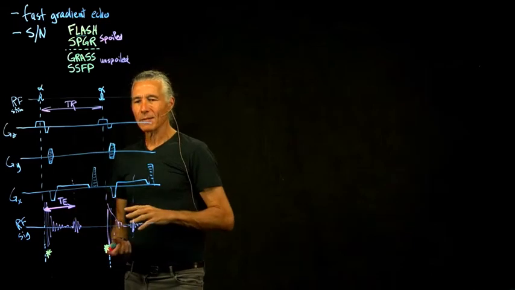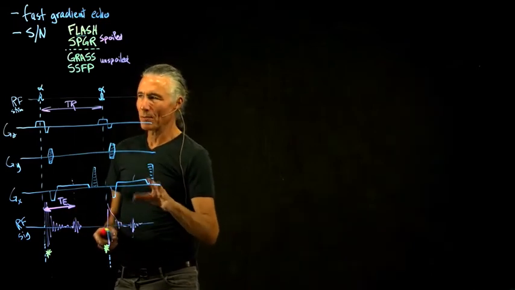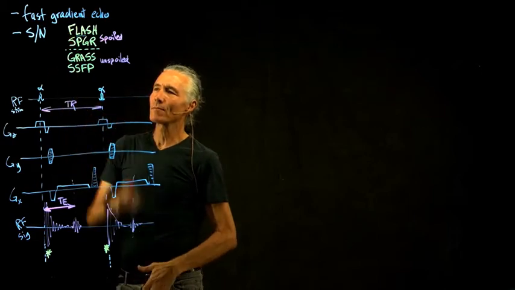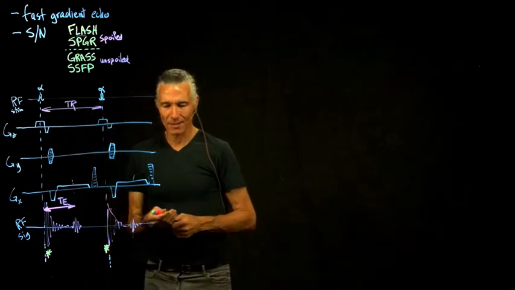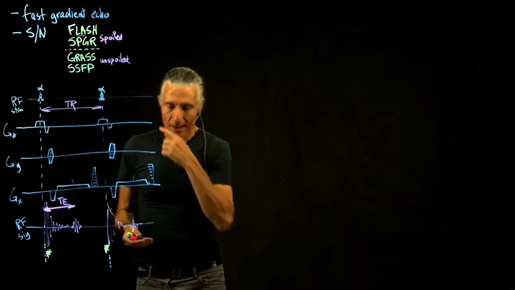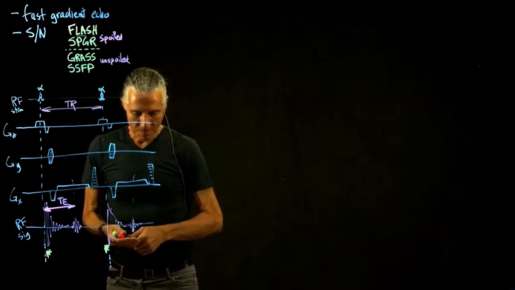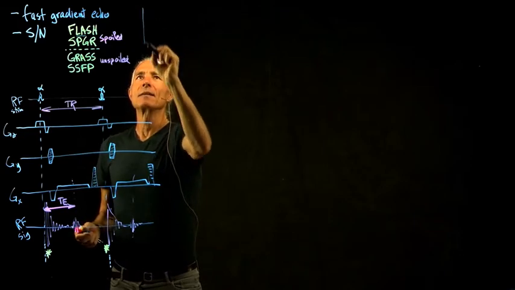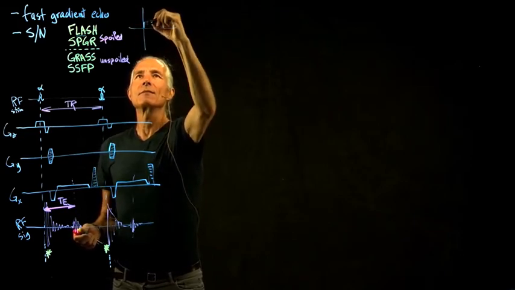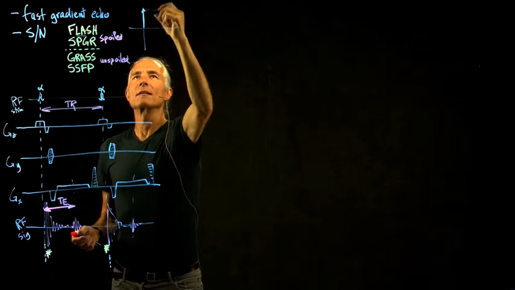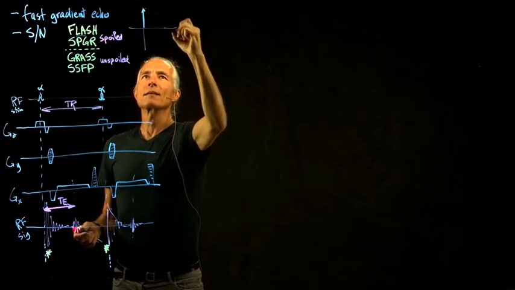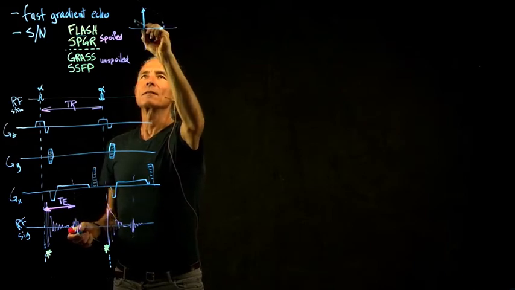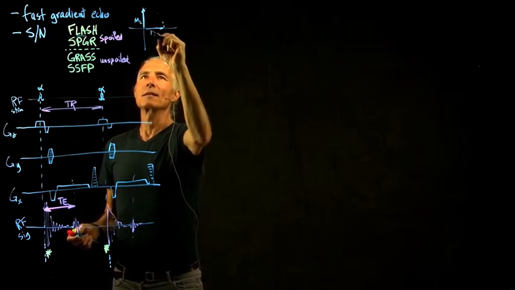Okay, I just drew the sequence without much explanation. So what's the general theory of the fast low angle shot? If we do a 90, here's our starting magnetization, and we have the longitudinal direction and the transverse direction.